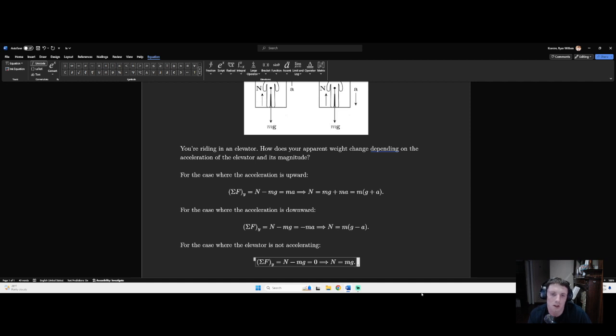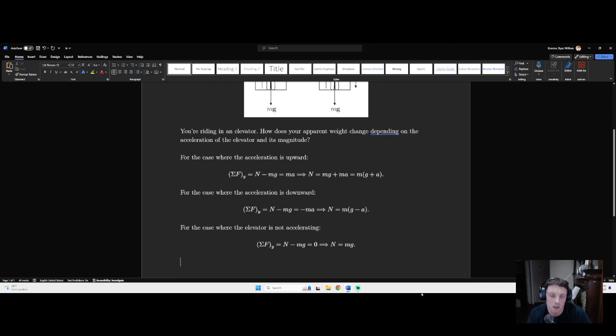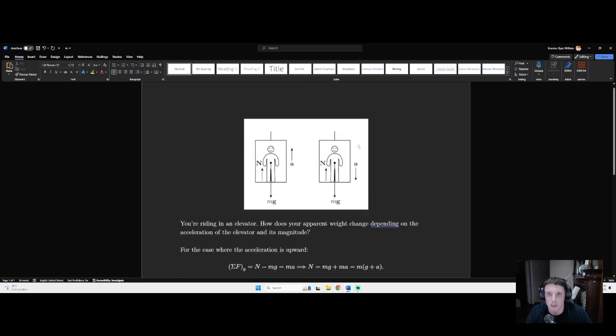We could also talk about one more thing. I don't know if this is on the homework, but it's worth mentioning. Let's say the elevator is in free fall, which is a terrifying thought because maybe the cable has broken.